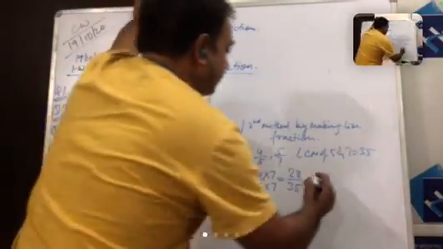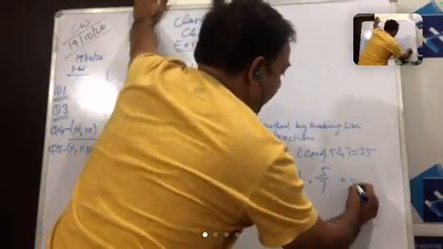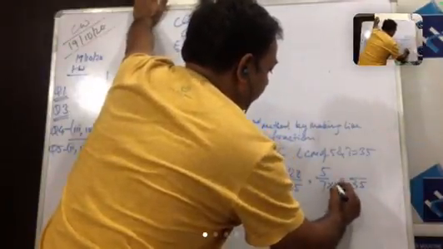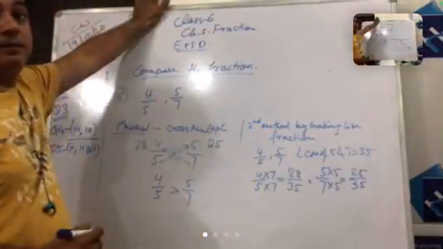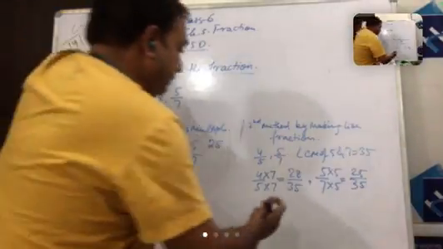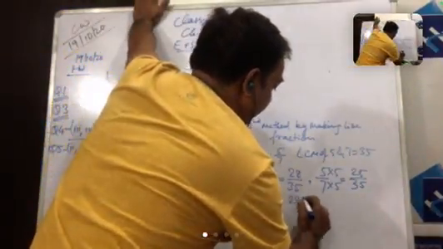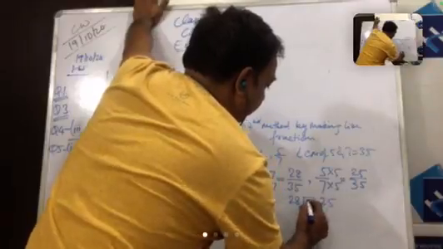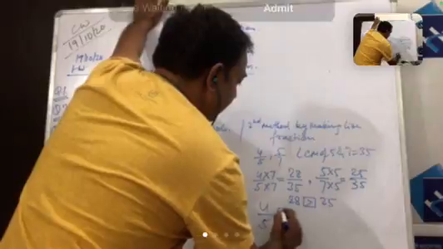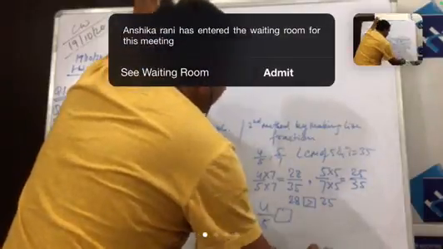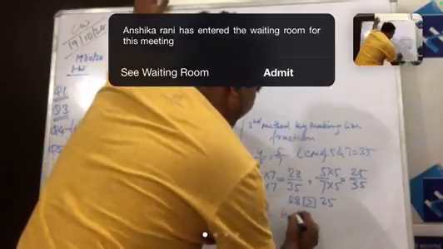Then 5 upon 7, and the required denominator is 35, so it will be 5 5s, 25. You can see, now we know that 28 is greater than 25. So 4 upon 5 is greater.